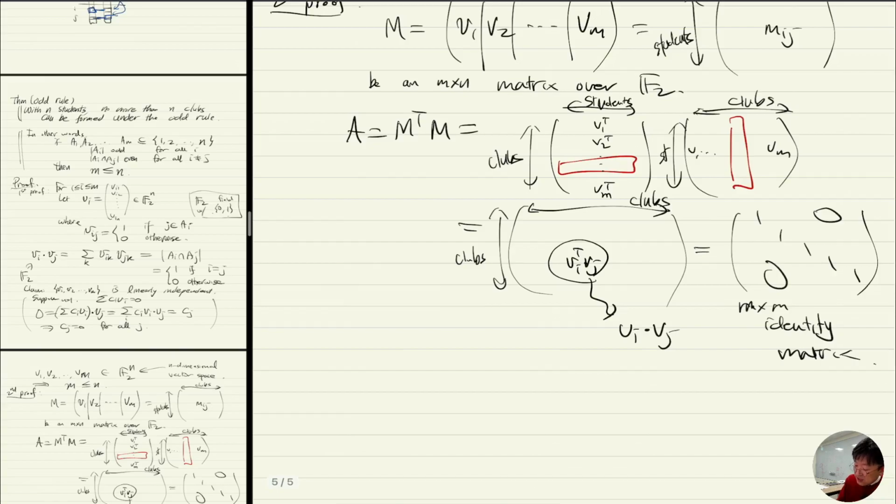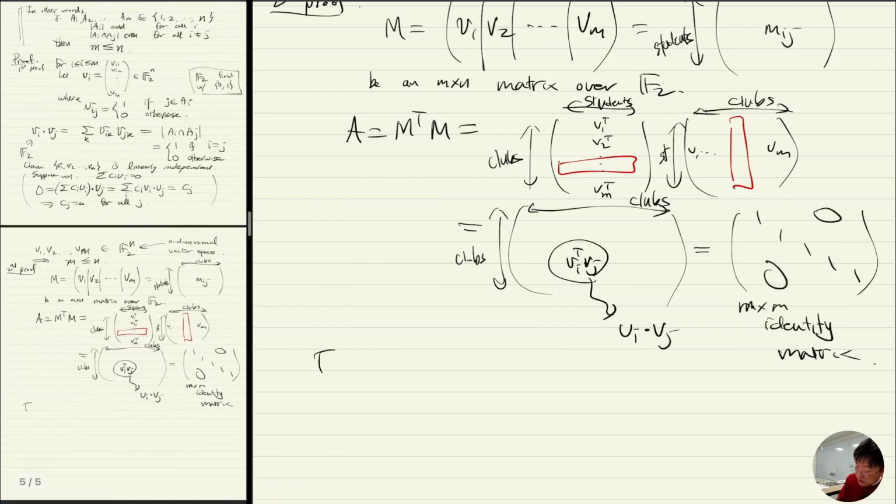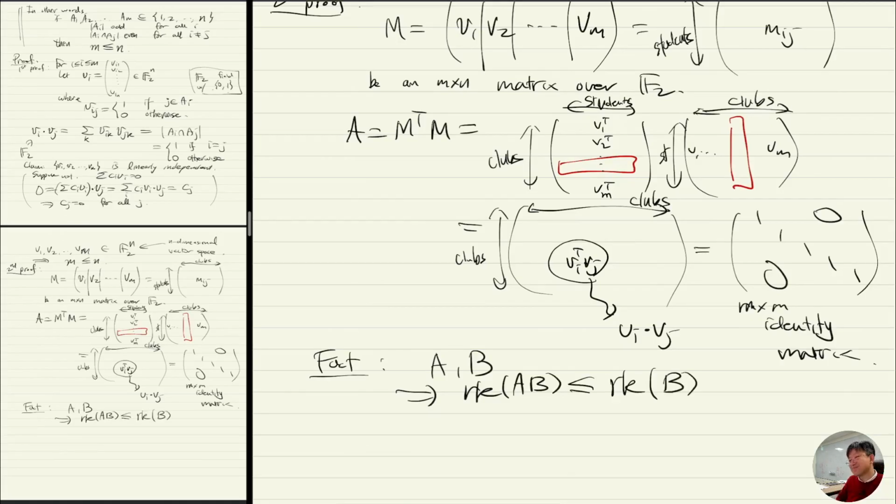Now here's a key fact that we're going to use. When you have two matrices A and B, the rank of A times B is always less than or equal to the rank of B. This is an easy fact from linear algebra. There are many ways to prove it. I'm not going to show you how, but you can easily prove it.